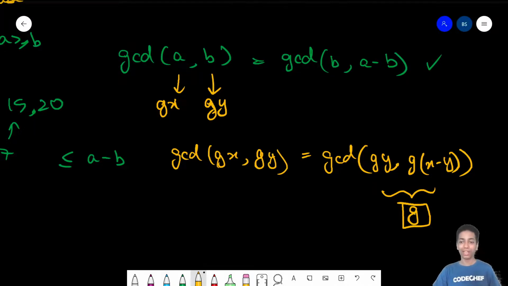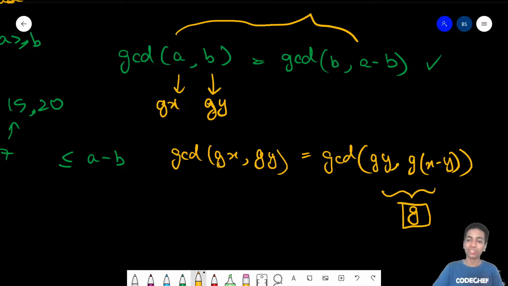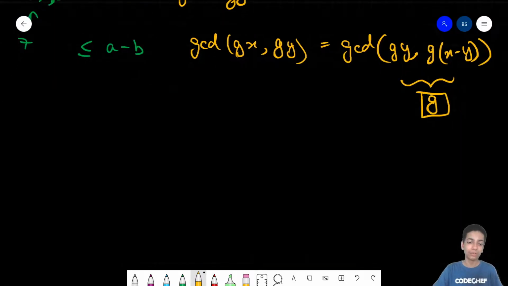There are a few things we are not considering, like what if one of the numbers is greater. It actually involves a lot of mathematics to prove it fully, but this is one way I find easier to understand, that this is the same as this, because G comes out common. So we can say that GCD of A comma B is GCD of B comma A minus B, or A minus B comma B.